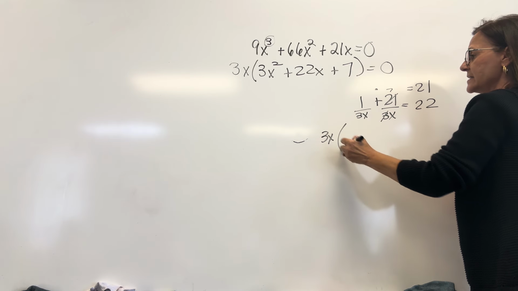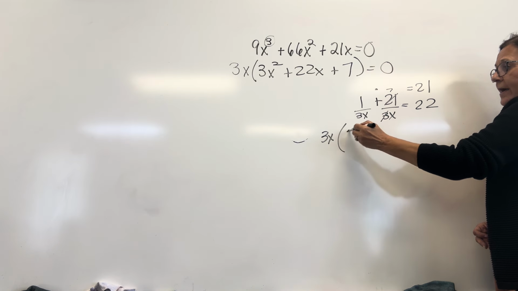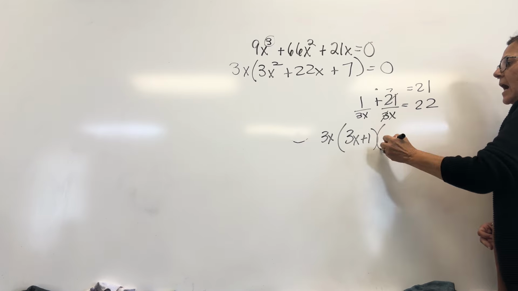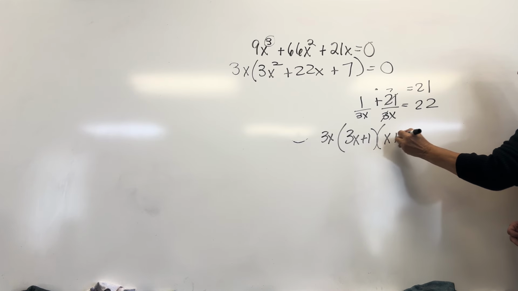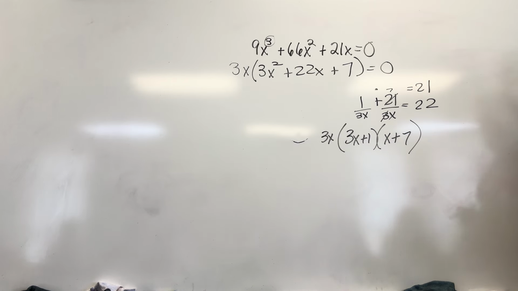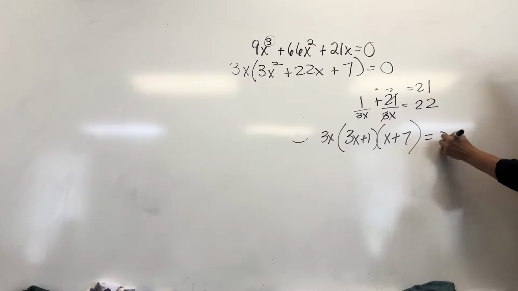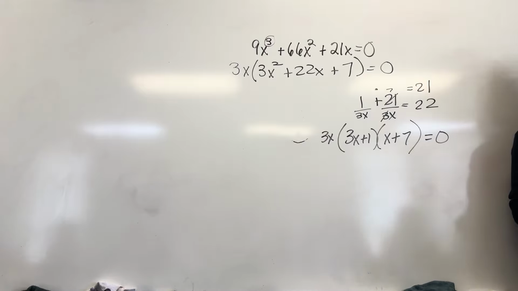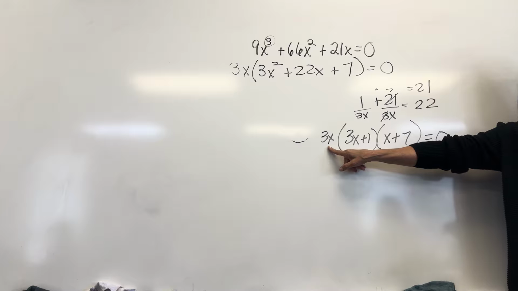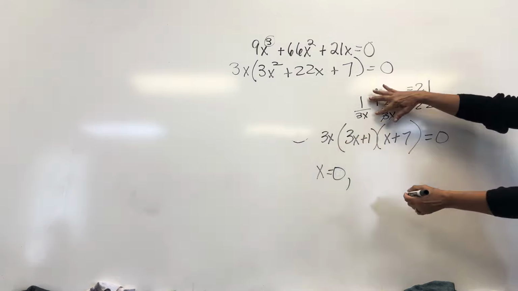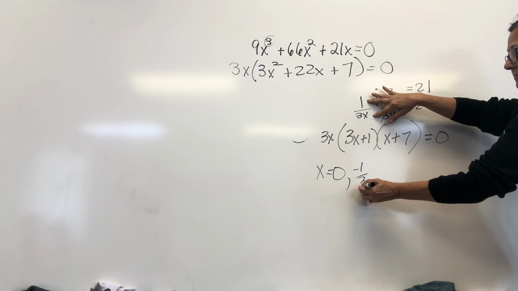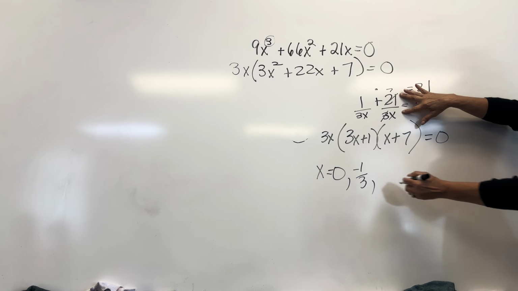So it's 3x times 3x plus 1 times x plus 7. For this lone term out here, it's just x equals 0. So x equals 0, negative 1/3, and negative 7.